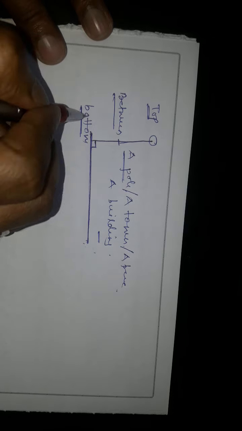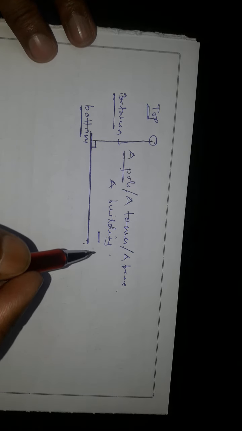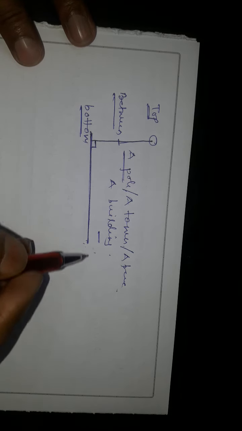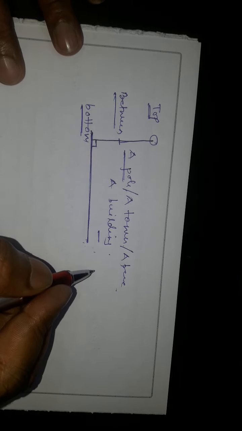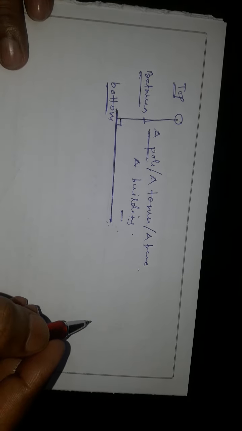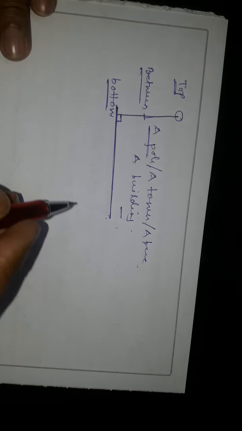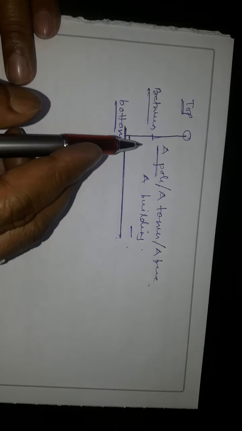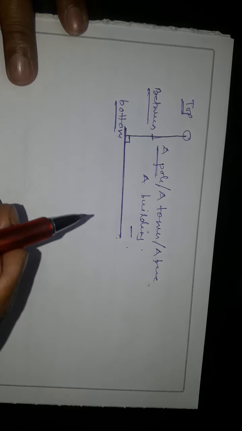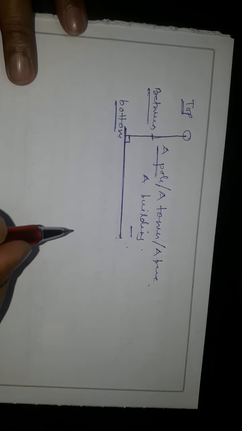So these three positions of a tower or a tree or buildings are important. When we are solving a question, we shall have to keep in mind that these 3 points and these 3 parts are very important to draw the diagram according to the situation.